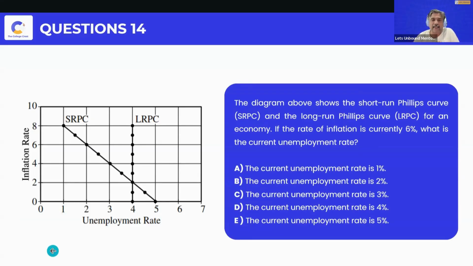So there we can see that at 6% on the SRPC, the corresponding unemployment rate is just 2%. So the correct answer to question number 14 here is the current unemployment rate is 2%, corresponding to an inflation rate of 6%, which we can read from the SRPC diagram.